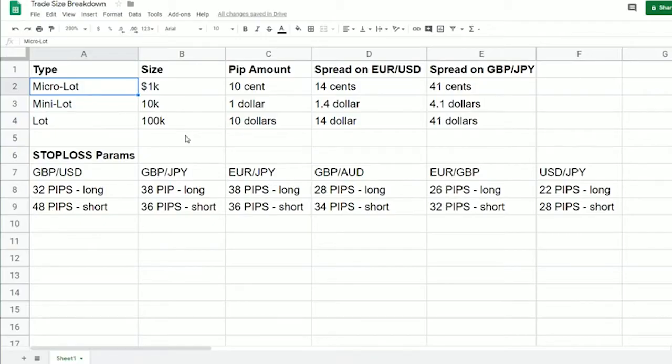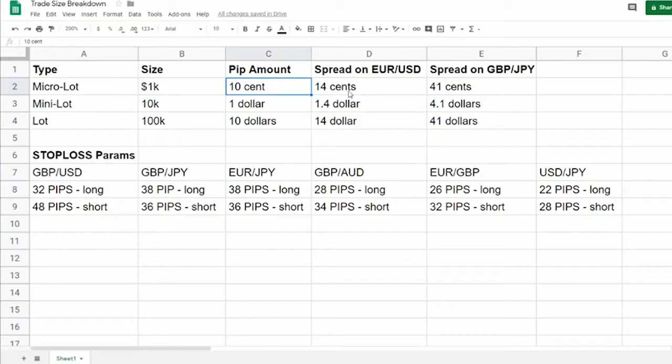Whatever you buy or sell, if you did 0.01, you essentially took $1,000 on margin, borrowed from your broker, and you bought or sold that particular currency. So with one micro lot, it is 10 cents per pip. So if you go up 10 pips, you're up $1.